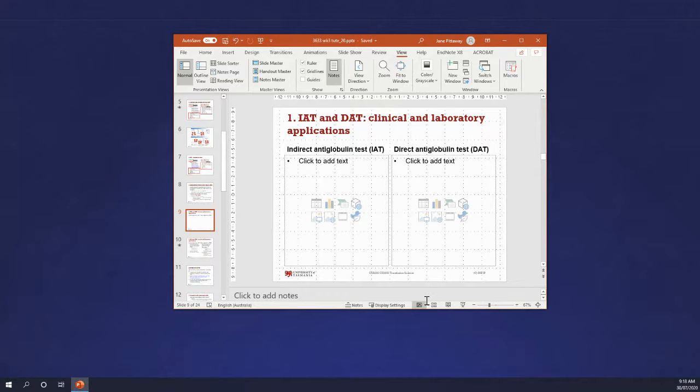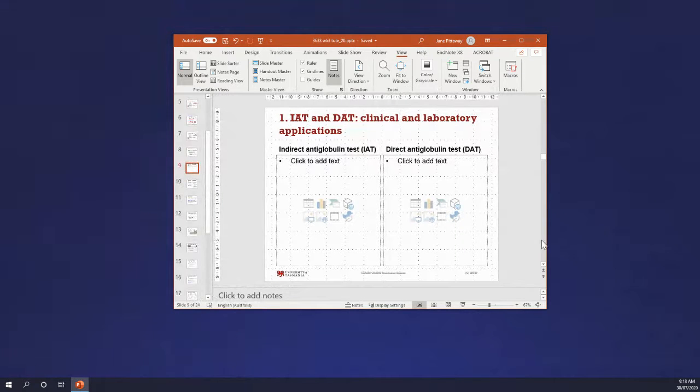Okay, so we talked a bit before about the applications of the indirect antiglobulin test. Can you remember what we said? The indirect one. What did we say? Who was it who asked me the question before? Let me see. I think was it Poppy? No, it was Yushin.